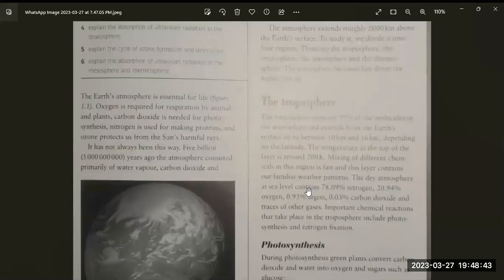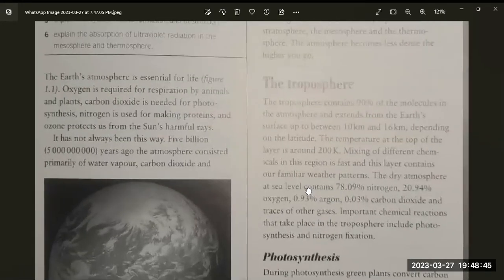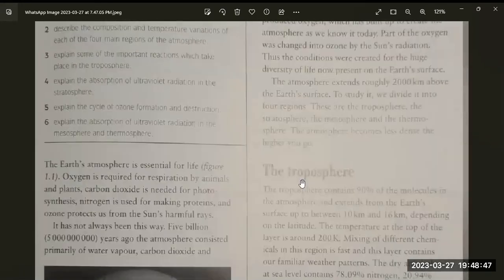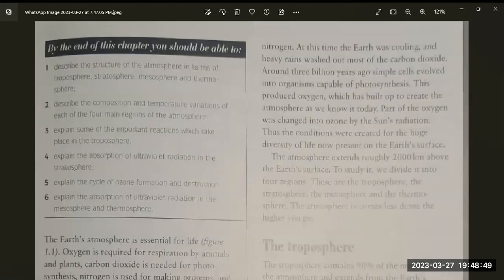There you go. Can you see? It's blurry, sir. Yeah, I'm going to see if I can retake it. It's actually a text that I have been using. It's on environmental chemistry. I promise that I will get a better picture.